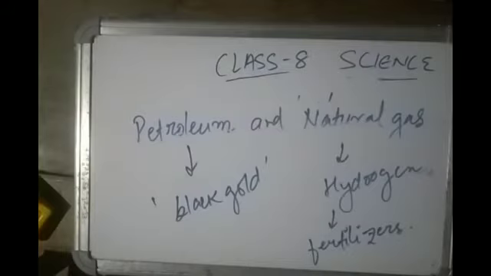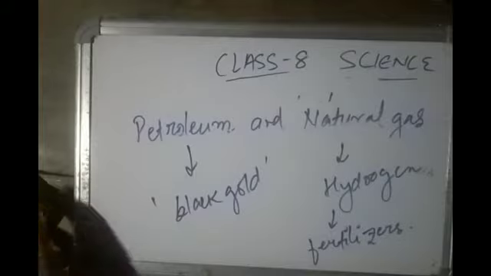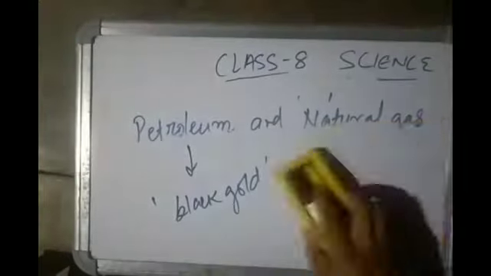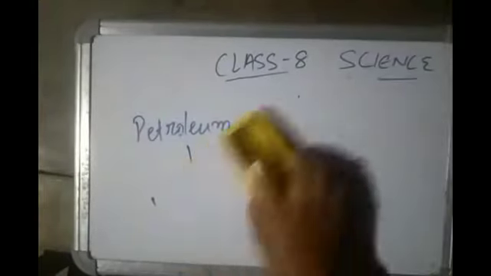Petrochemicals are used in making detergents, polythenes, and fibers. Hydrogen gas is obtained from natural gas, which is used in the manufacture of fertilizers. So the next topic is natural gas.